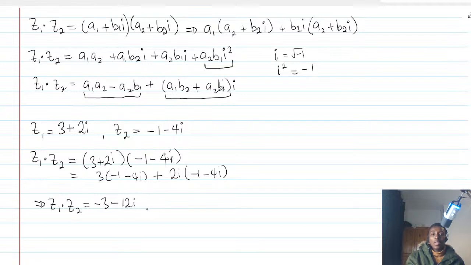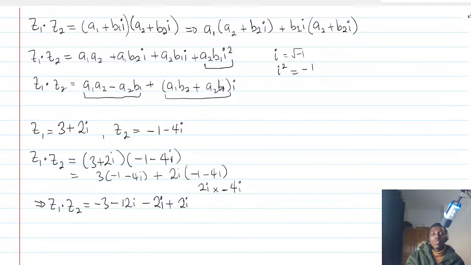And then minus 2i, and 2i multiplying minus 4i.